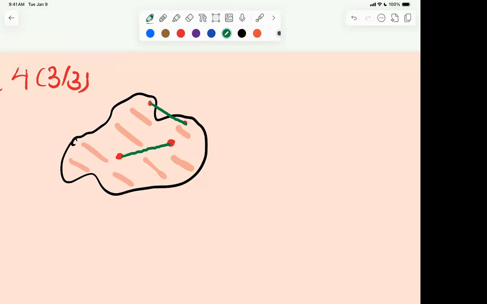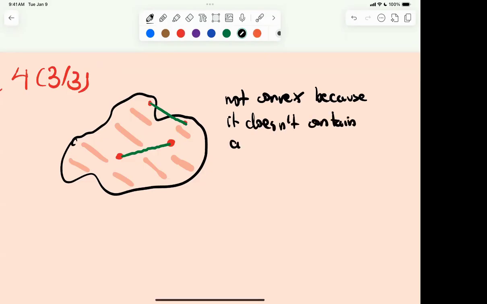So this particular set or region is not convex, because it doesn't contain all the line segments between 2 points.